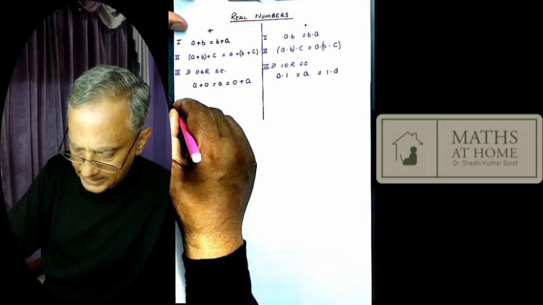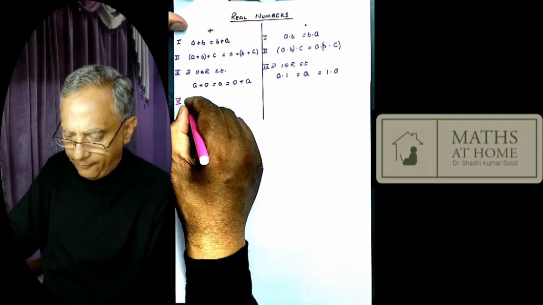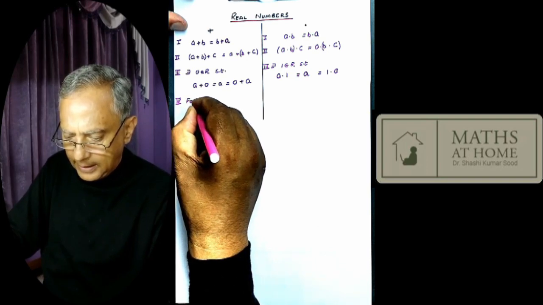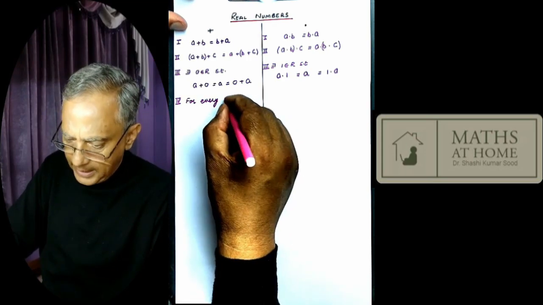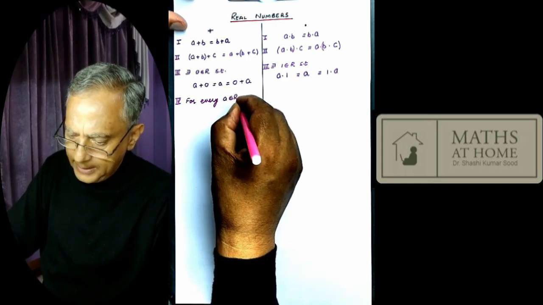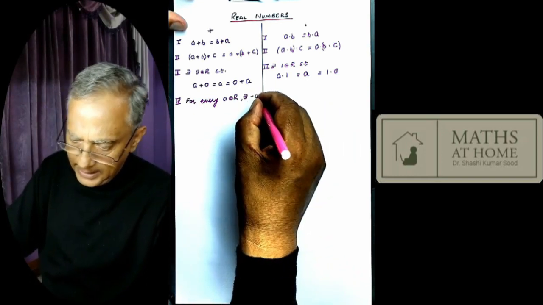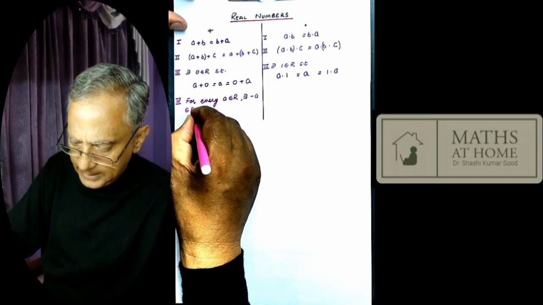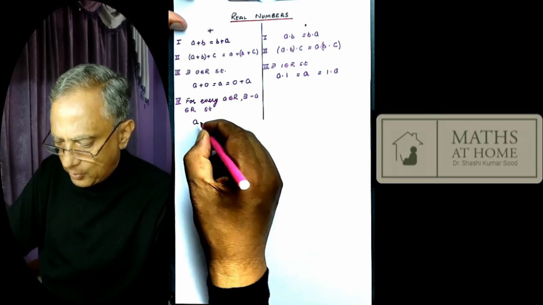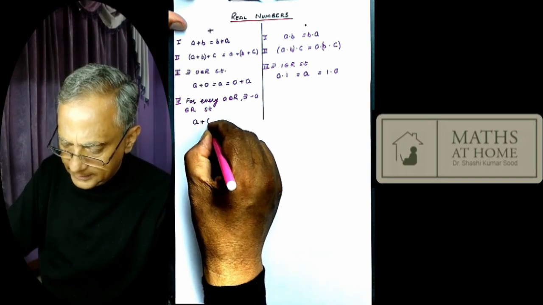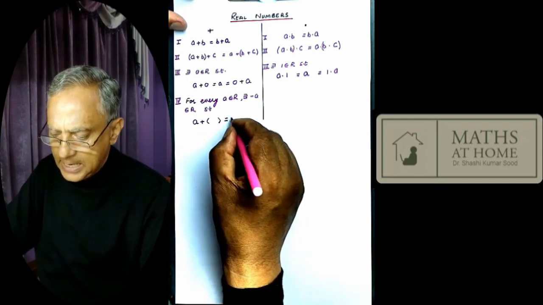Fourth property is existence of inverse. For every A belonging to R, there exists minus A belonging to R such that. Now what is inverse? Inverse is that number which when added to A gives us identity.